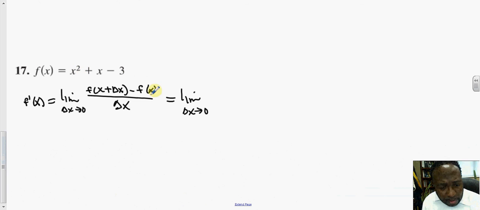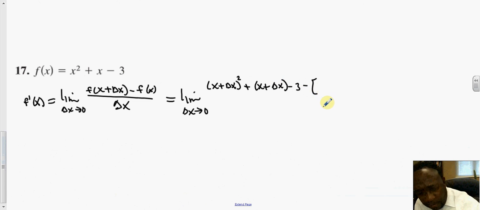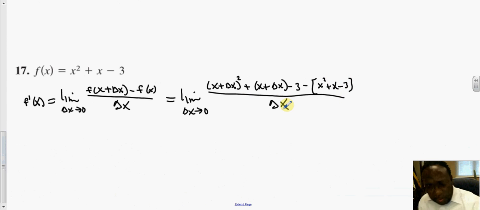For the f of x plus delta x, we replace x with x plus delta x. This is (x plus delta x) squared plus (x plus delta x) minus 3, now minus f of x, minus the quantity x squared plus x minus 3. And this is all over delta x.